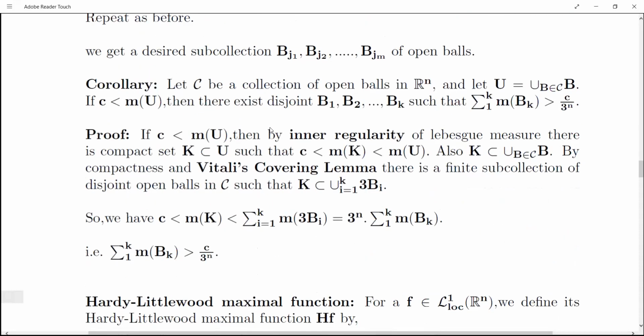So now using the Vitali covering lemma, we can prove another corollary. And exactly this form of the corollary will be useful for us. So I'll just draw another picture.